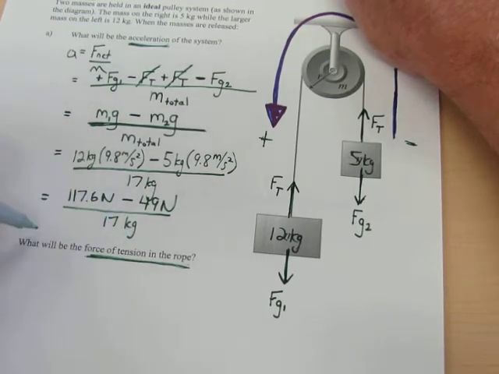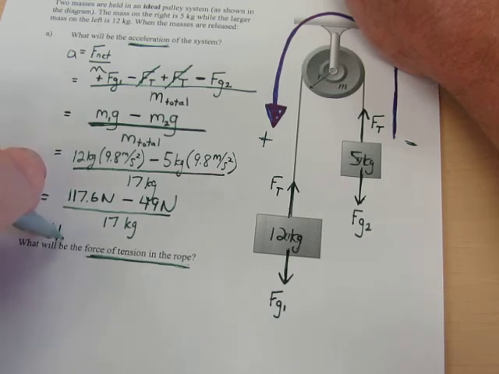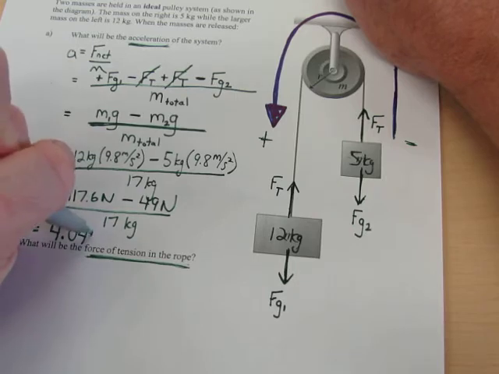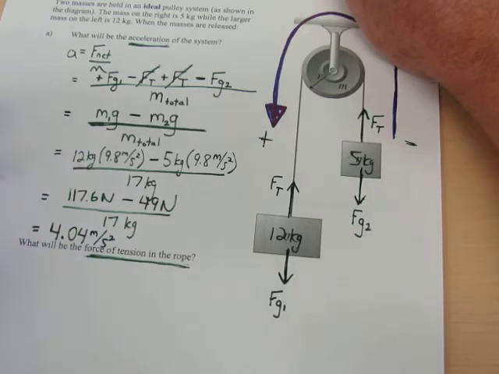I'm almost out of room, but there's only one more line left, and that's the final answer to this question. So 117.6 minus 49, and divide by 17. Same idea as yesterday. 4 point, I'm going to call this 0.4. Same idea as yesterday. This answer is not just a shot in the dark.